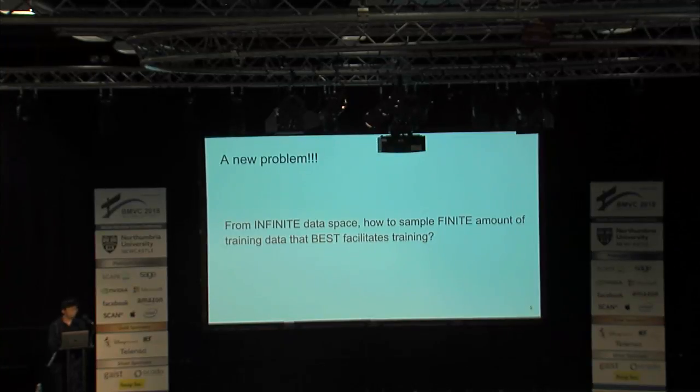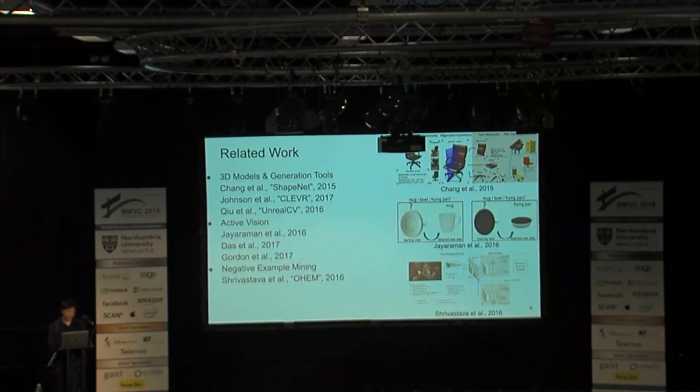Thus, we identify a new problem: from the infinite data space, how to sample a finite amount of training data that best facilitates training. Previously, people have built repositories of 3D models like ShapeNet, and there are works utilizing game engines to obtain synthetic data from complex and realistic scenes from films and video games.